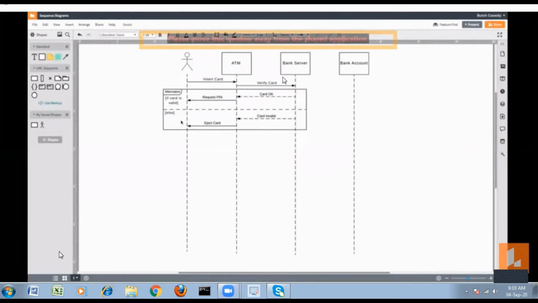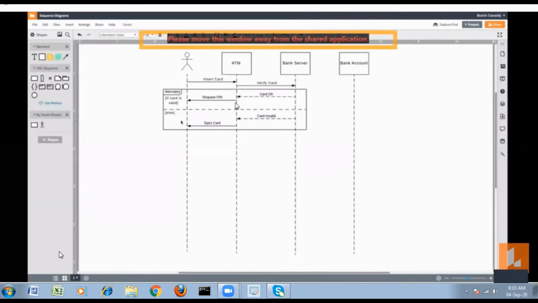Here, the bank server will verify the card. Suppose the PIN is okay, it will reply saying that the PIN has been verified and the card is okay. The reply message is given in dotted lines with an arrow. The request messages are given with a straight line and an arrow, and the reply messages are given in dotted lines with an arrow.